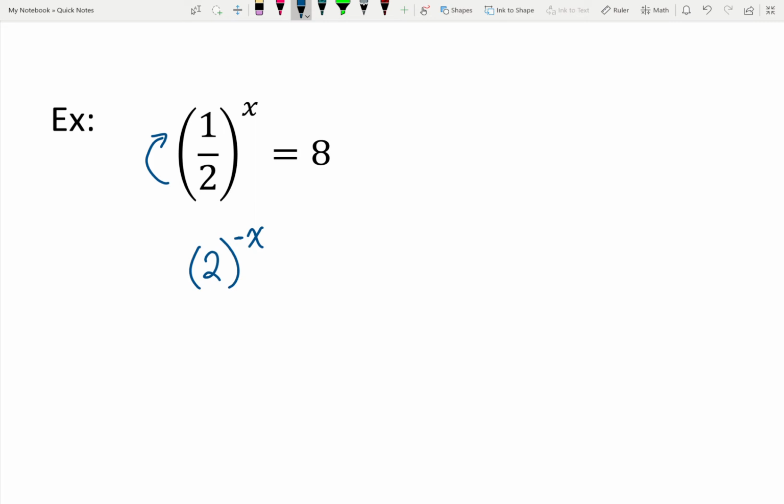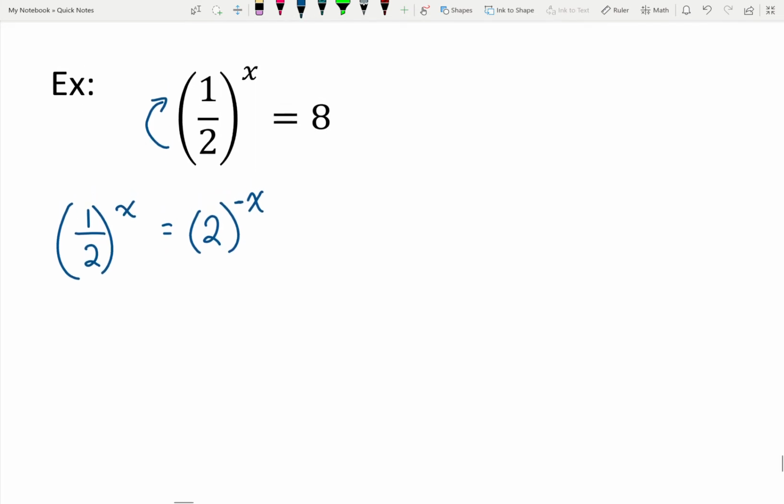Anytime I switch from the numerator to the denominator or the denominator to the numerator, I throw a negative sign in front of my exponent. So that's what I did here. Instead of saying 1/2 to the x, I'm saying 2 to the minus x. Okay, they're equivalent. So what does that mean? I have 2 to the minus x equaling 8.